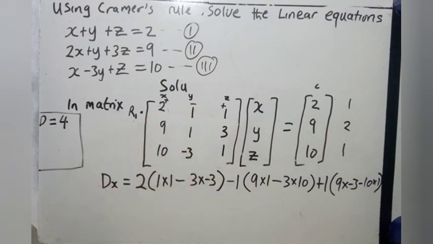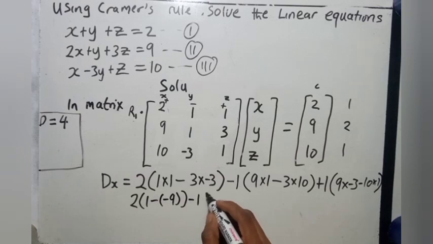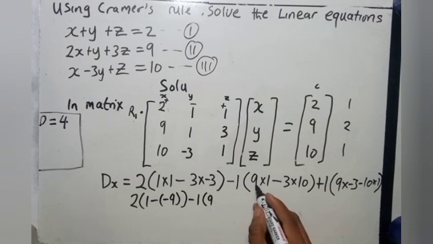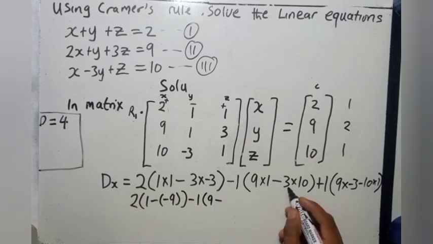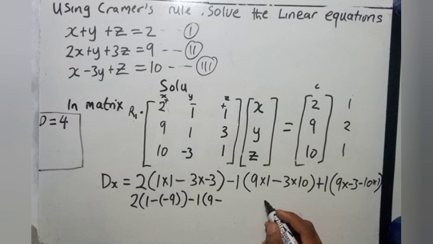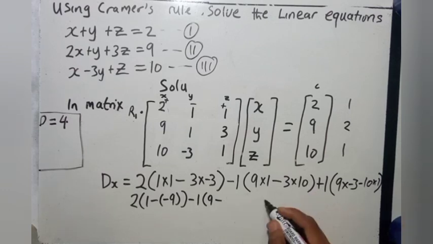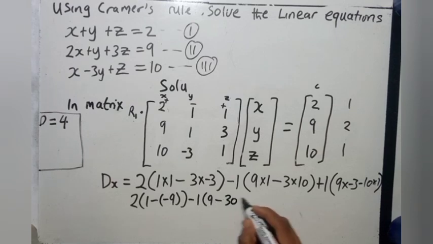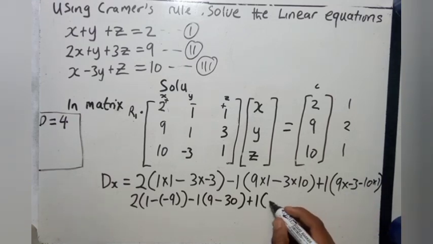Now we have 2, 1 minus 9, minus 1. This is 9 times 1, which is 9, minus 3 times 10, which is what? 3 times 10 is 30, plus 1. 9 times minus 3 is what?